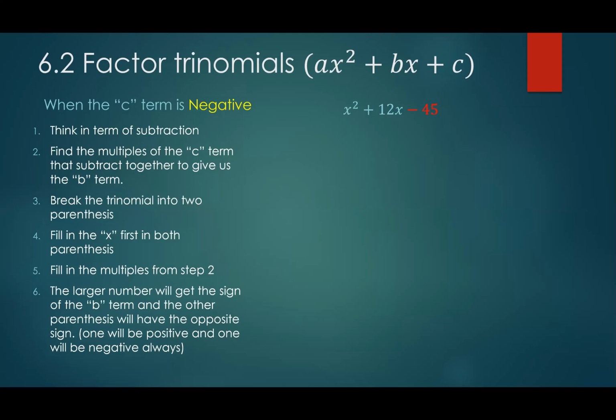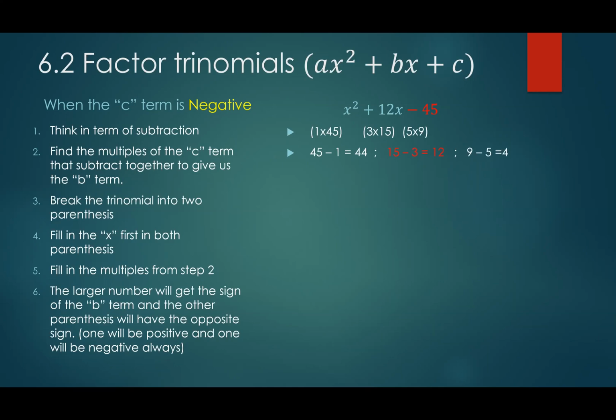And again, if you're in doubt, if you know your times tables, you probably see it right through. You probably see the answer as 15 times 3. If you don't see your 15 times 3, list them out. It's not wrong to list every single item that you have, right? 1 times 45, 3 times 15, 5 times 9, and that's it.